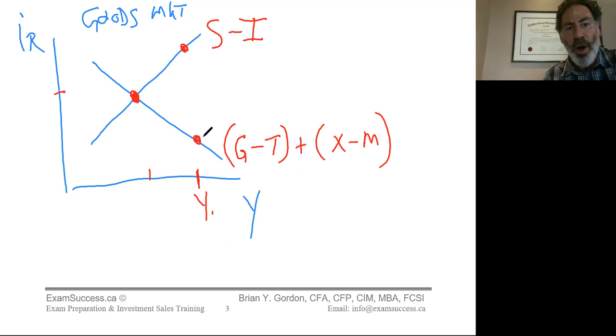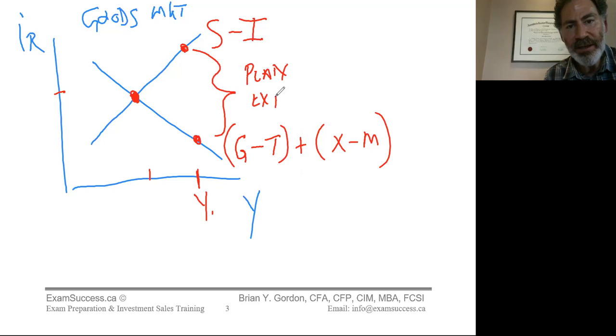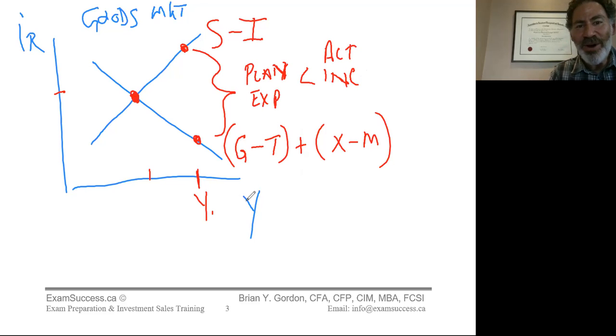So over here in this scenario, I want you to map this back to say that the planned expenditures, so planned EXP, is less than the actual output or actual income. I don't know why I switch between, doesn't matter. I'm using Y here, that's why I'm talking. So the planned expenditures is represented here, less than the actual. I guess that's one way to say it.